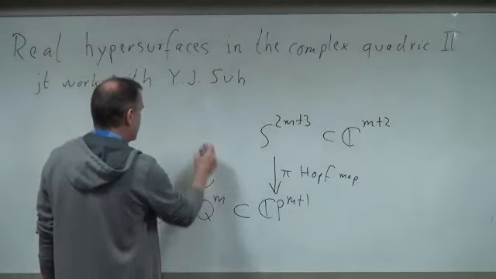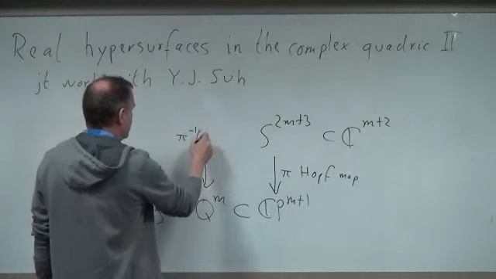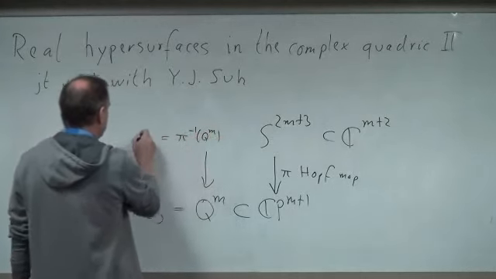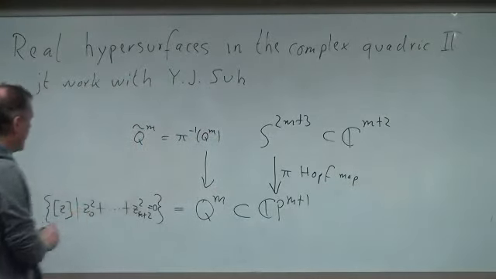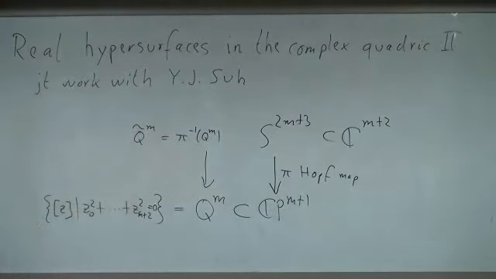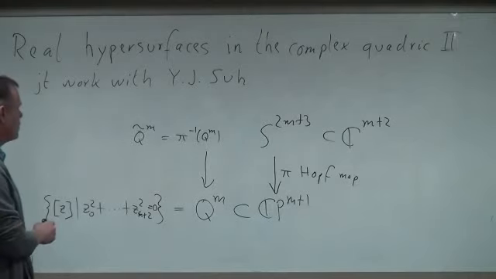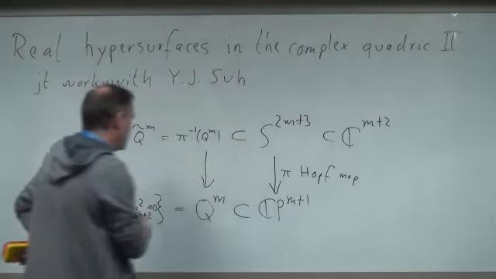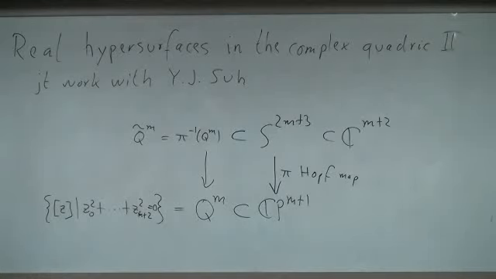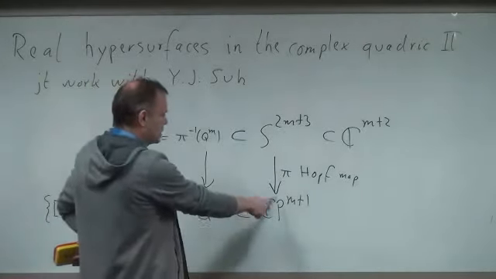And here we have an inverse image, which I denoted by Q tilde m, and we identified that this is the space of orthonormal two-frames in R^(m+2). Okay, so this is inside here.